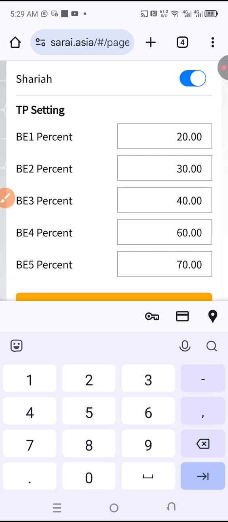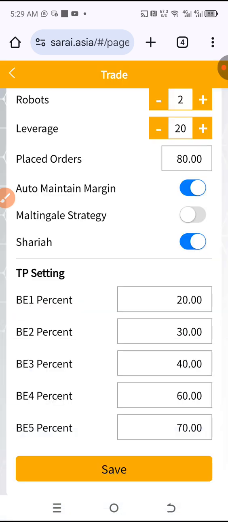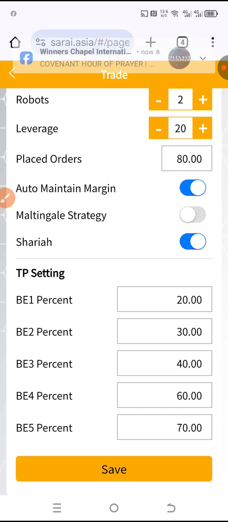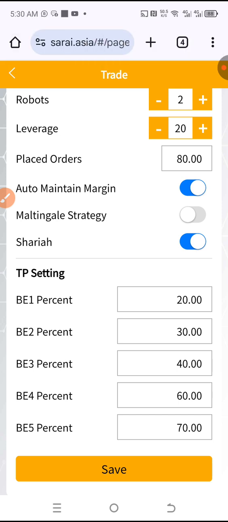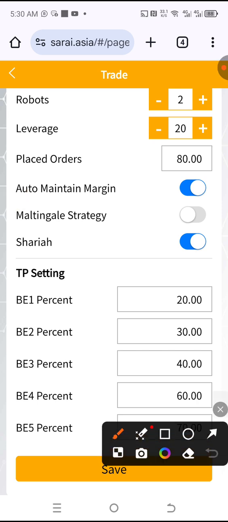Because these are Sharia coins, stable coins like BTC, Ethereum, Solana, Avalanche, Atom, and so on, they are not expected to jump very high, and we are not expecting them to go very low.